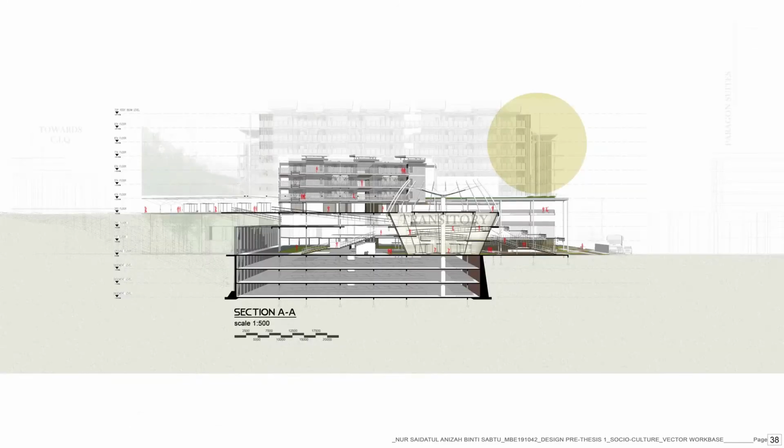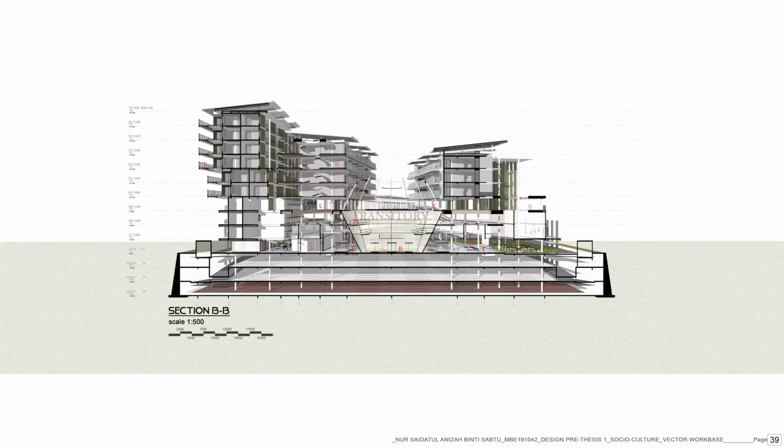Section AA shows the interaction of the building layout by level from the entrance of Jalan Indraputra and Jalan Lingkaran Dalam. Section BB shows the balanced interaction between building programs for housing tenants on the upper parts and the community area below.